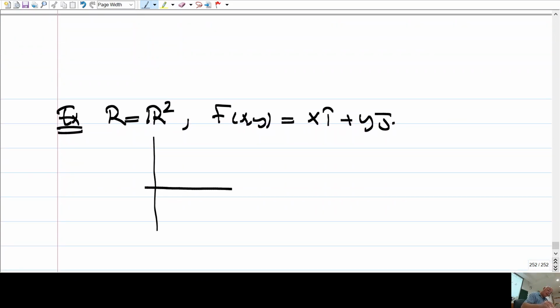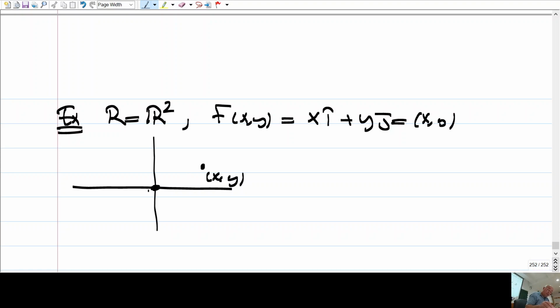Well, this is a vector field. At 0, it is 0. At the point (x,y), the value of this vector field is just x comma y.